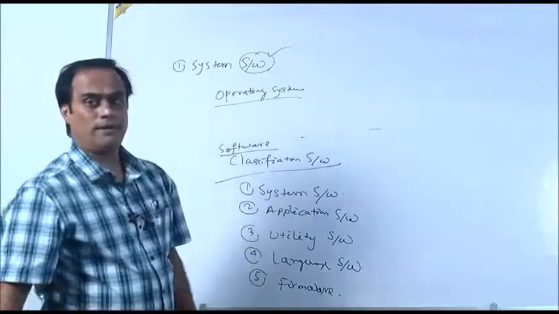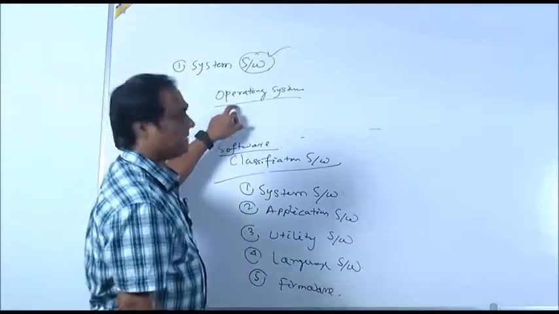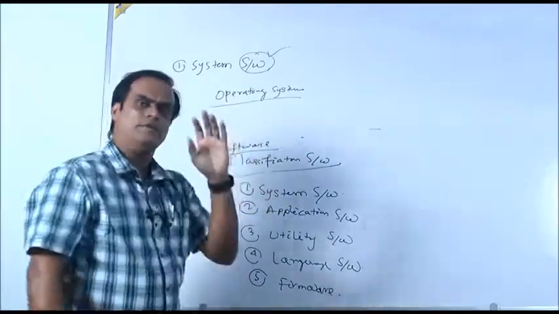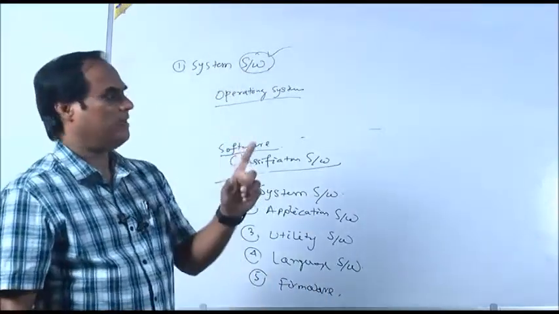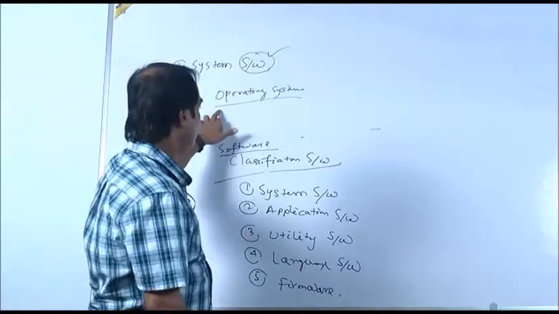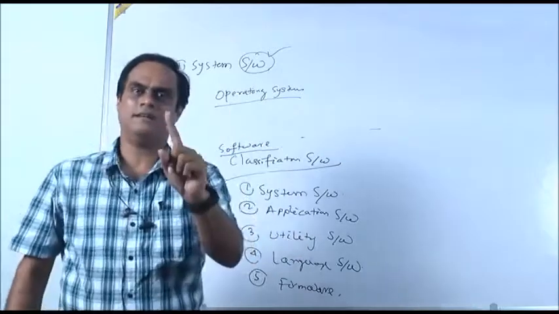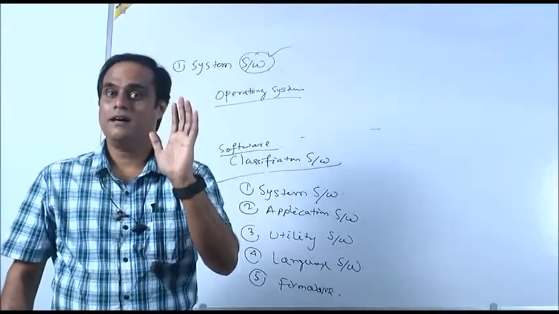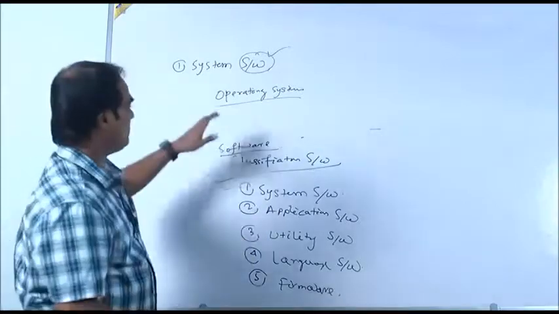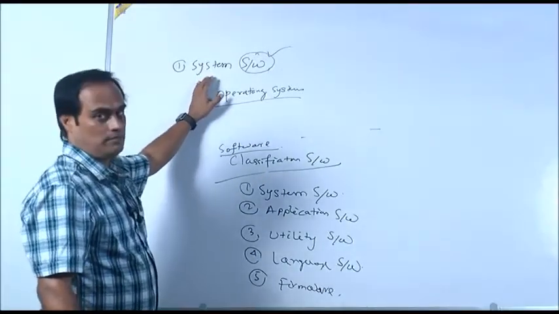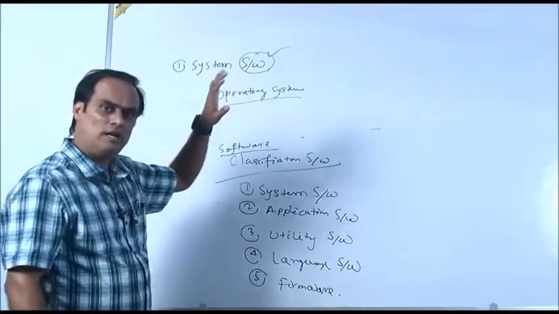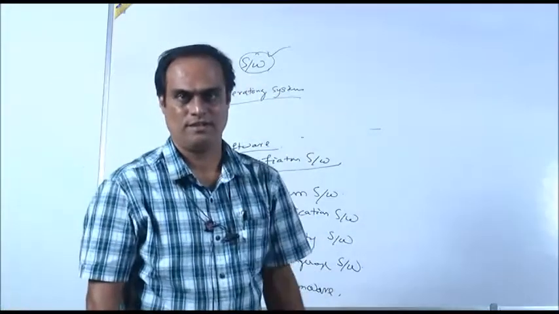When we define the operating system, first you have to say it is system software. The operating system comes under system software, and it is already developed by the manufacturers, yes or no?